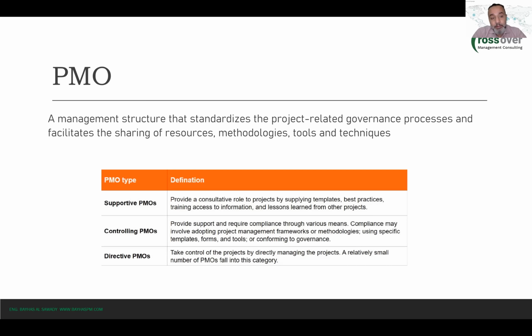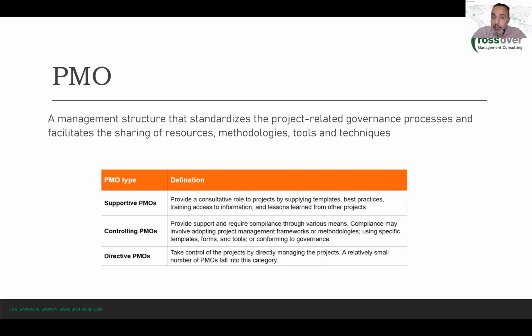Okay, now the third and last level of the PMO is the directive PMO. Now here, the project managers report directly to the PMO, and they are considered as employees in the PMO, and the PMO basically manages the projects directly in the organization.